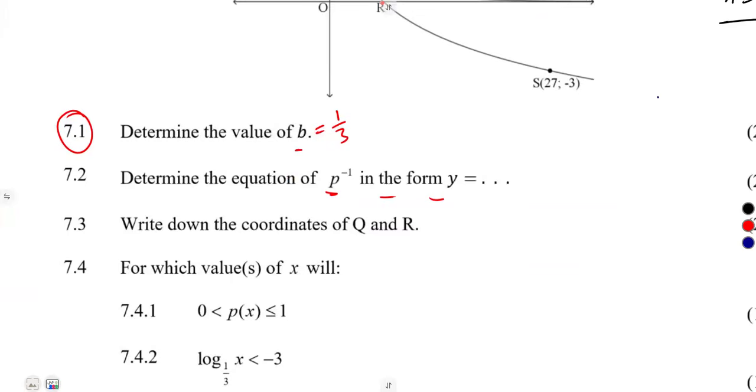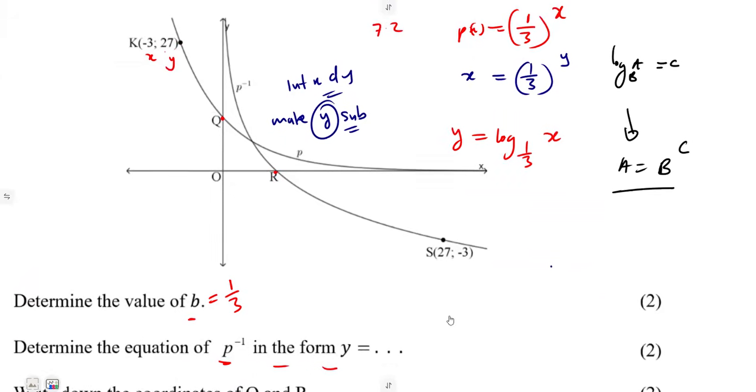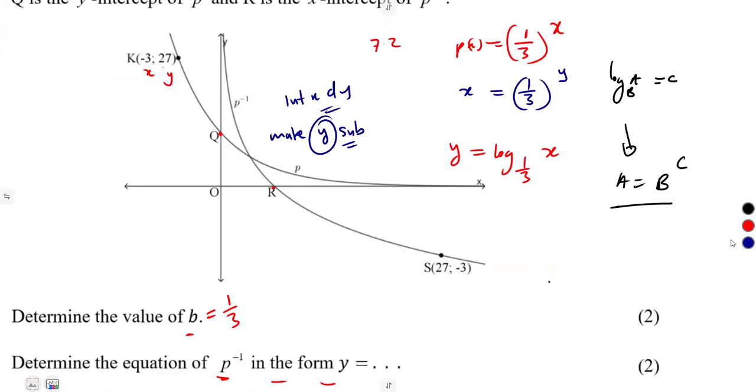And write down, in this case, the coordinates of Q and R. Q is the y-intercept of P. So we can easily determine those coordinates. The y-intercept is on a condition where x is equal to 0.